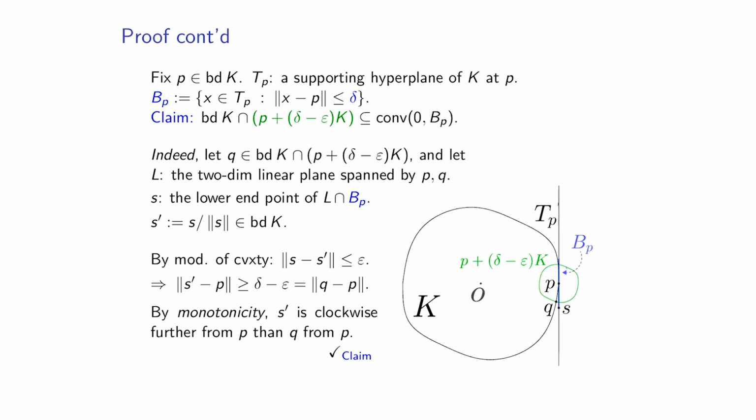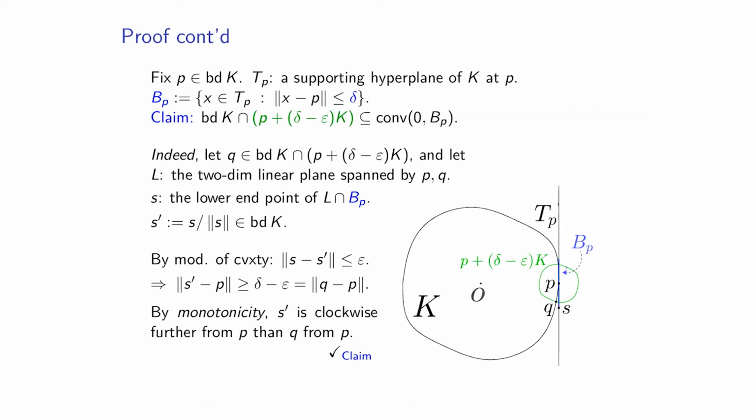Using the modulus of convexity, we compute that S prime is farther from P than Q is from P. And then monotonicity gives that, walking clockwise, S prime is farther than Q from P.